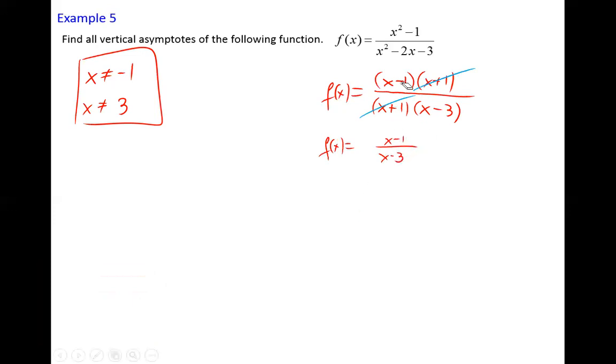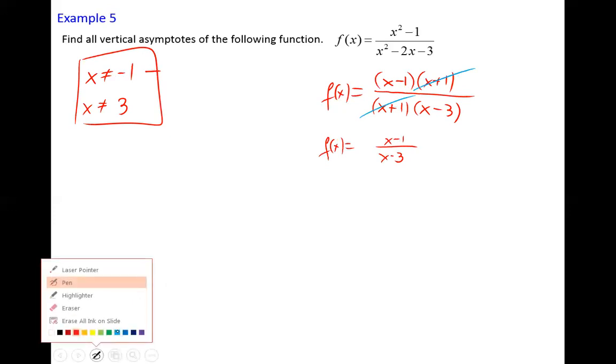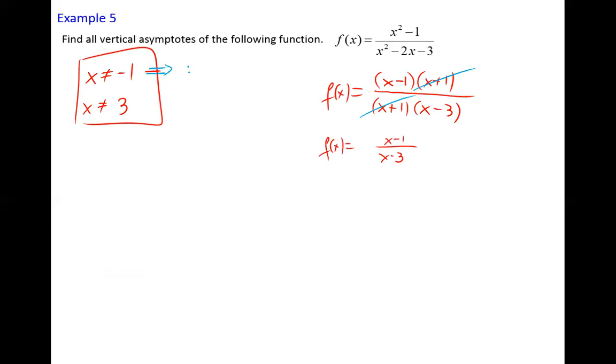That means x equals negative 1 is not a vertical asymptote. No vertical asymptote because it's reduced. It will be a removable discontinuity. But this one stays. This is a vertical asymptote.